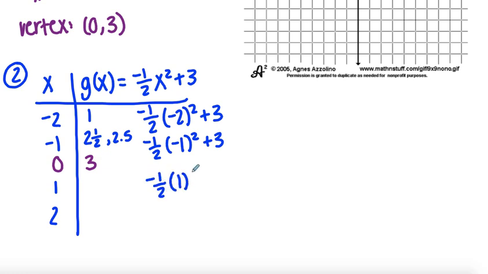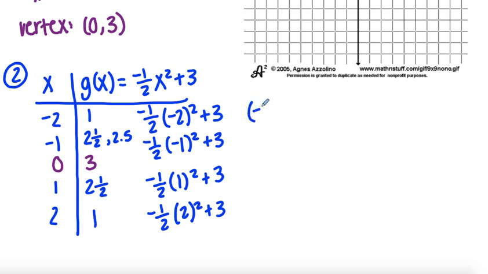So when I plug in 1 into here, 1 squared is 1, times negative 1/2 is negative 1/2, plus 3, and I get 2.5 again. And then plugging in 2, 2 squared is 4, times negative 1/2, so half of 4 is negative 2, plus 3, and I get 1.